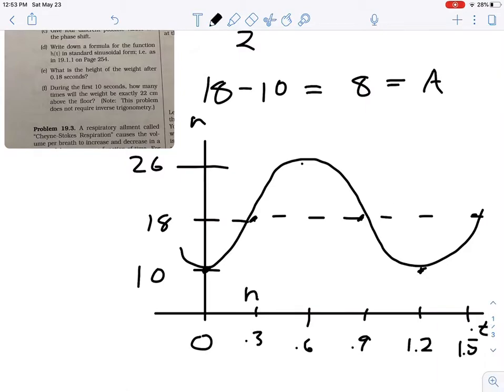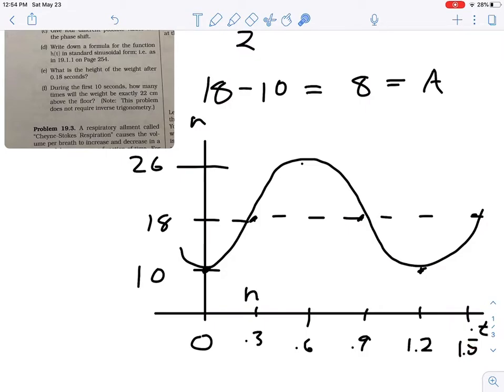Now I need to find b, which is 2 pi over the period. One period is the distance from the start to the end. On a sinusoidal curve, it'll be from 0.3 right there, to the top, to the bottom, back to the middle, to 1.5.